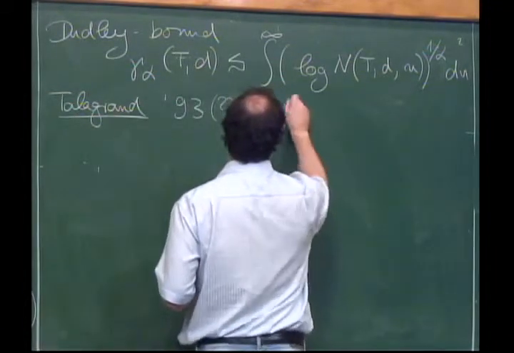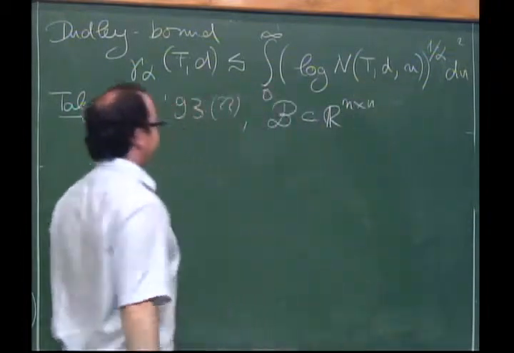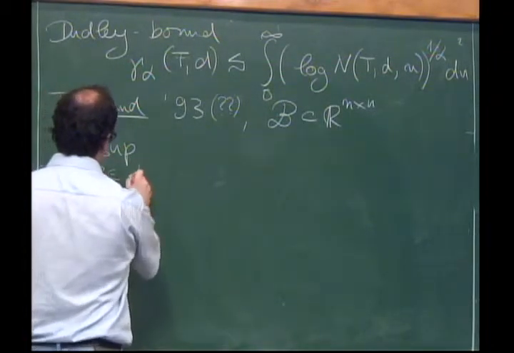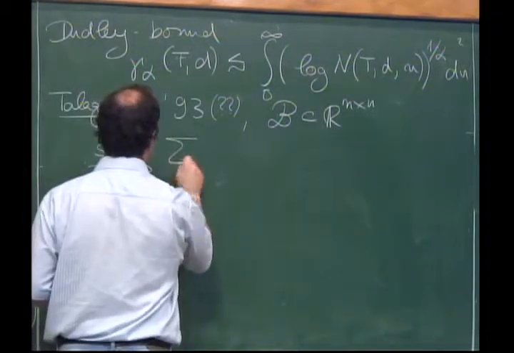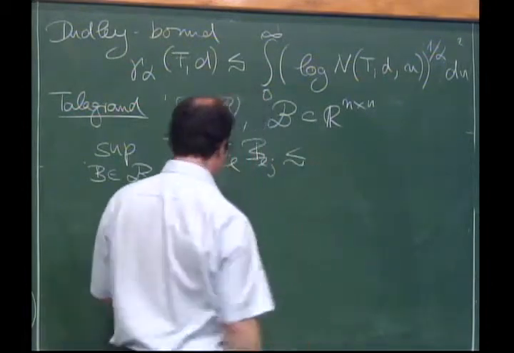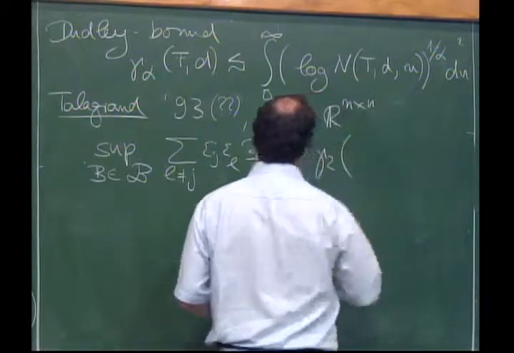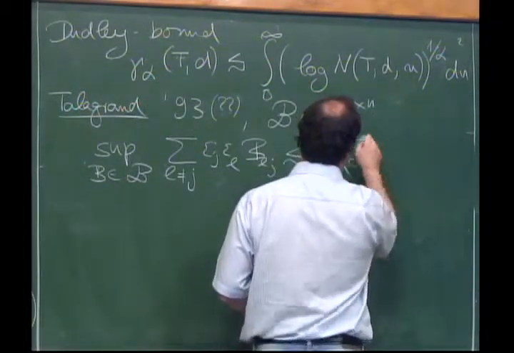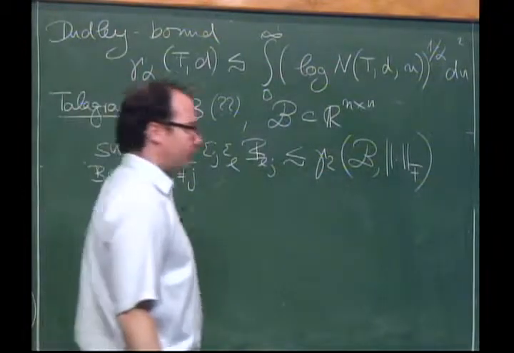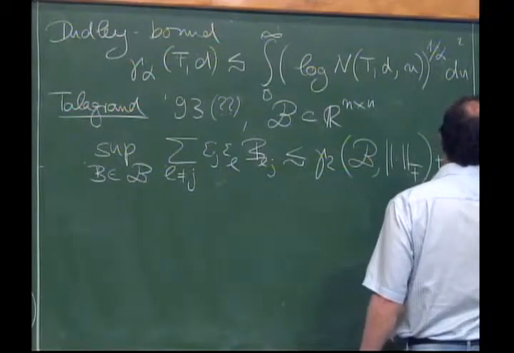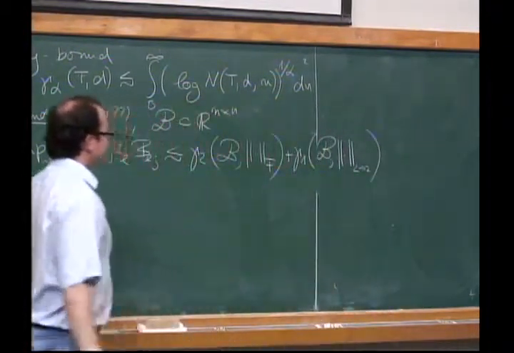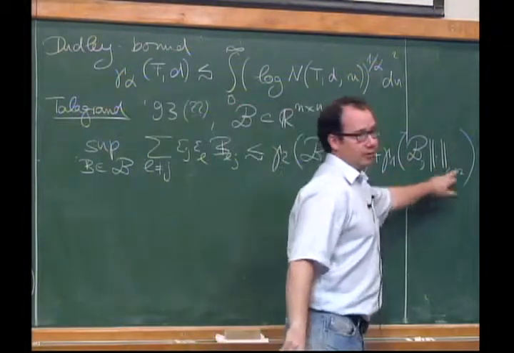If we have a subset of the n times n matrices, and we look at the supremum over the set of matrices, then this can be bounded by a constant times the gamma 2 functional of that set of matrices with respect to the Frobenius norm plus a gamma 1 functional of that set of matrices with respect to the operator norm, the spectral norm.